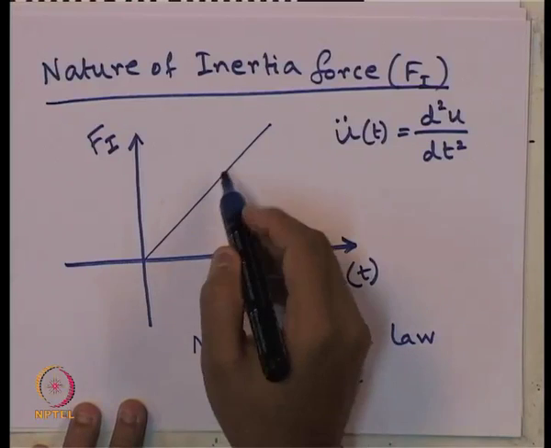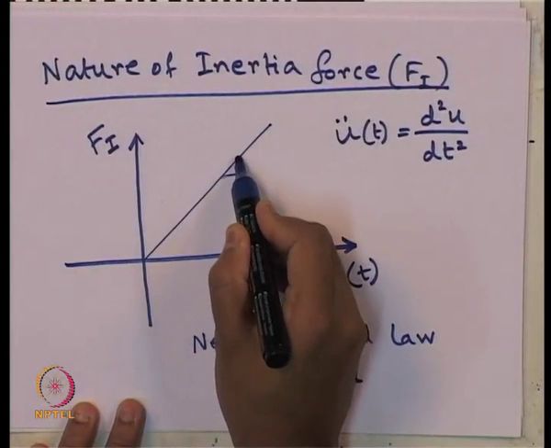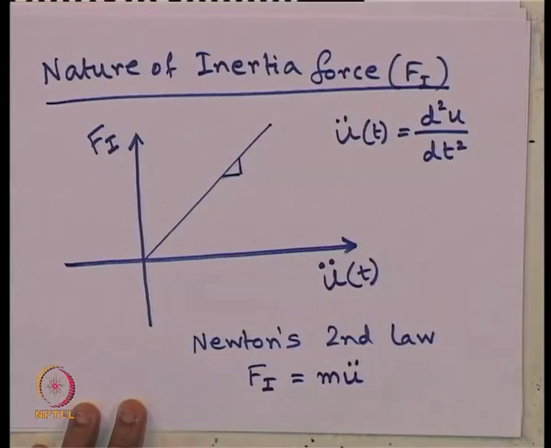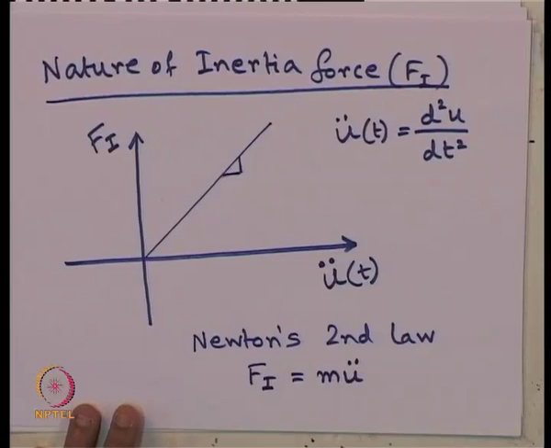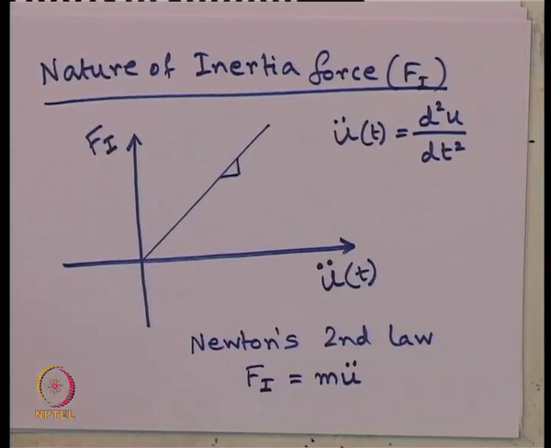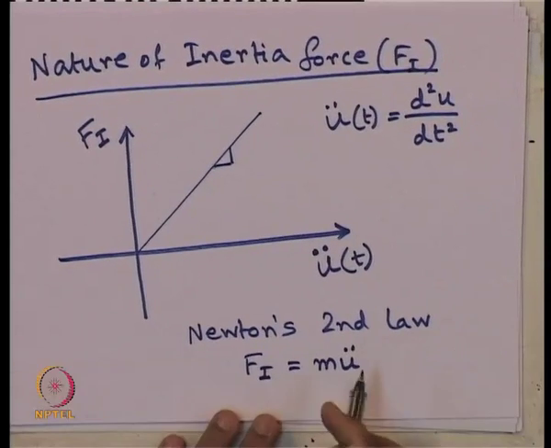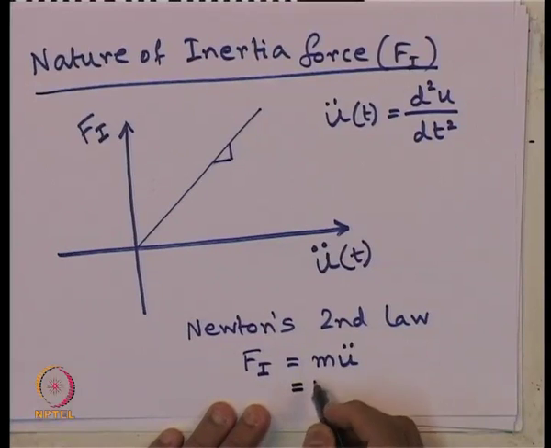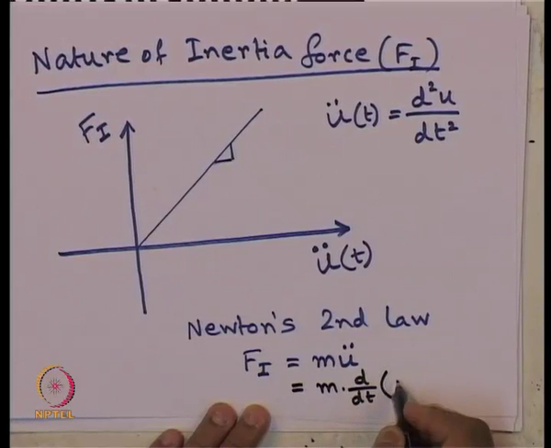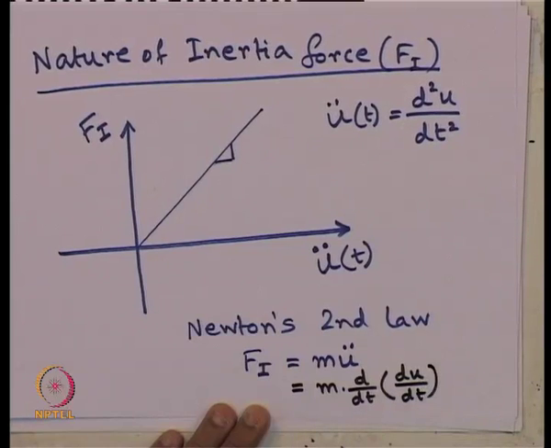And in this case, the slope of this graph is nothing but the mass, and this variation is true only when, if we rewrite it in a different way, it comes from m d of dt, then d of u by d of t.